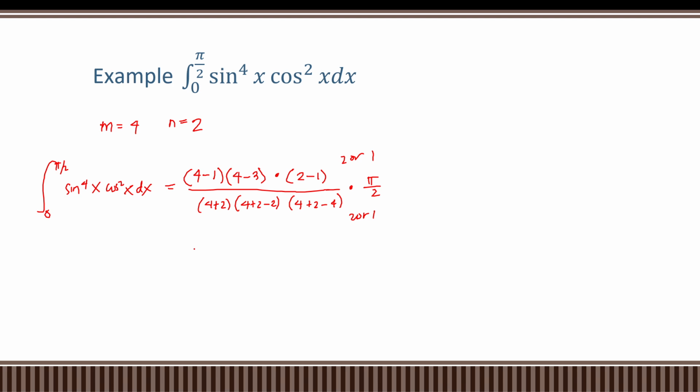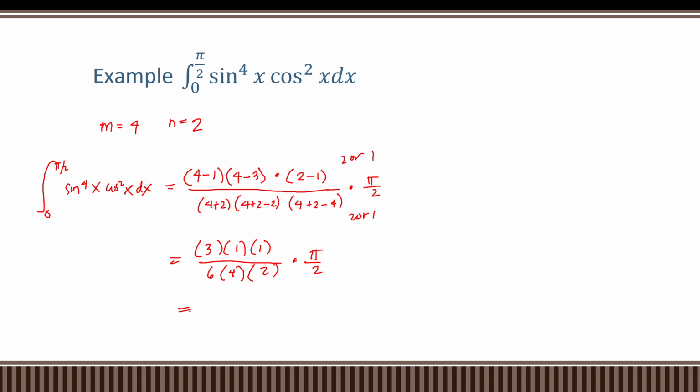So, 4 minus 1 is 3, times 4 minus 3, that is equal to 1. And this is over 6, 4, and 4 plus 2 minus 4, that is equal to 2. Then multiply by pi over 2.